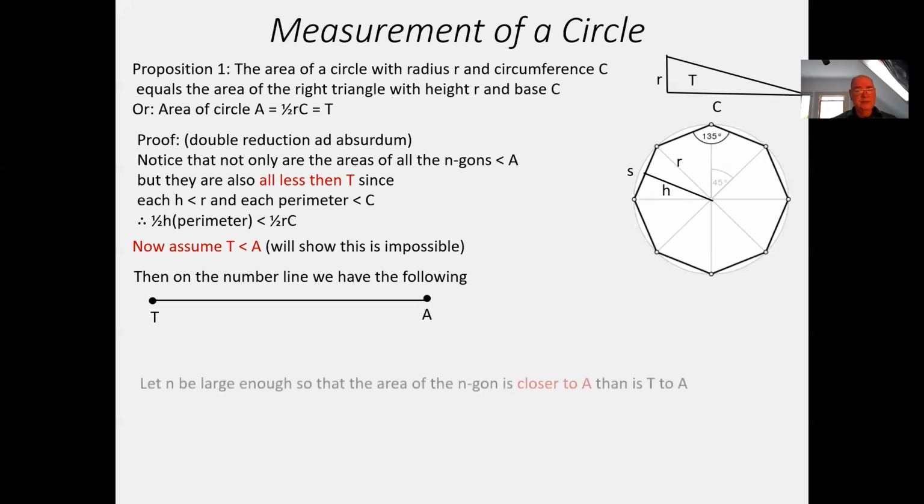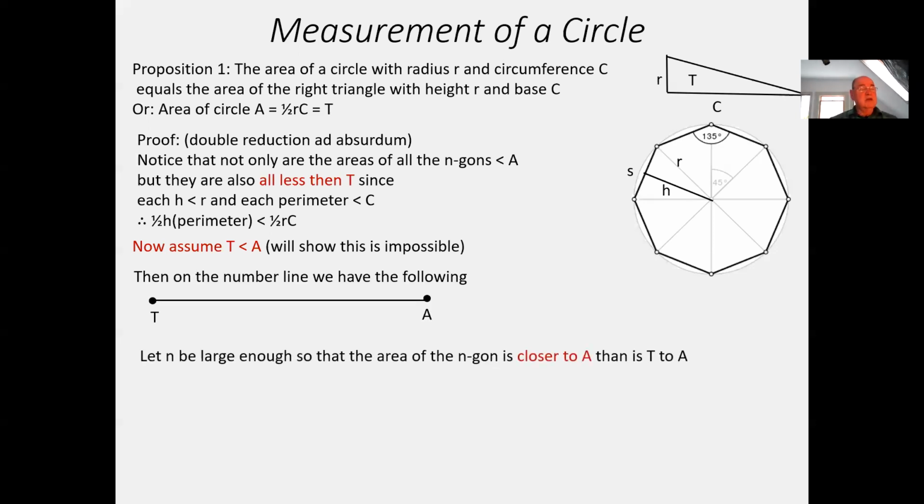Here we go. Let us take a look on the number line at the area of the circle and the area of the triangle. Okay, there's a distance between them. The area of the triangle, we're assuming, is less. It's further down on the number line. All you have to do now is pick n large enough so that the area of the n-gon falls in between.